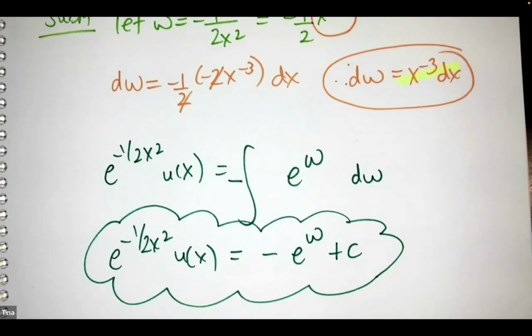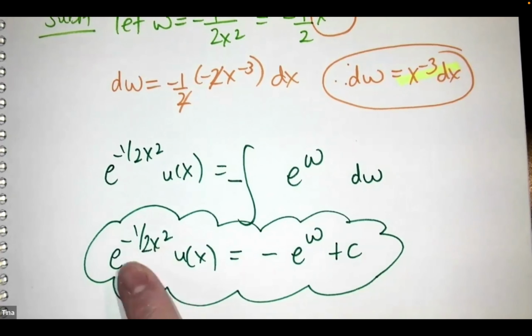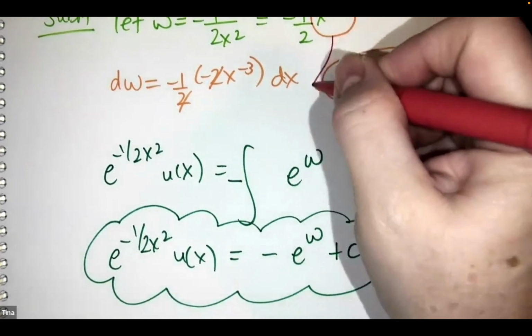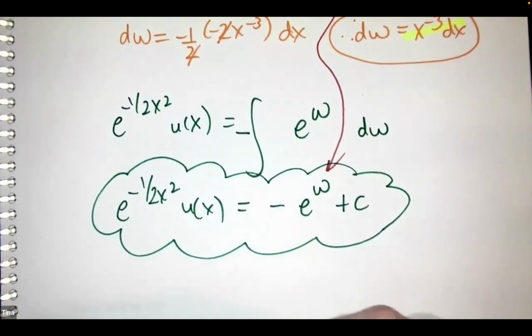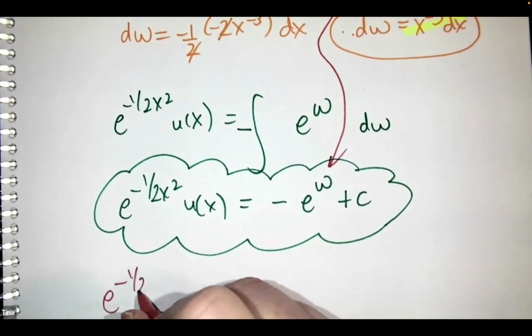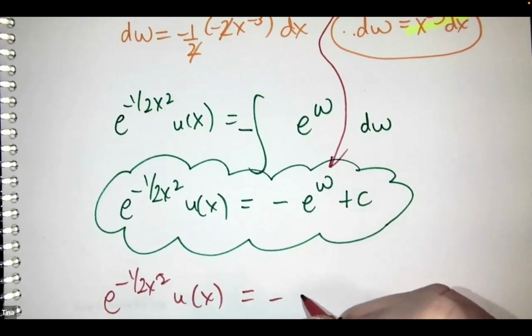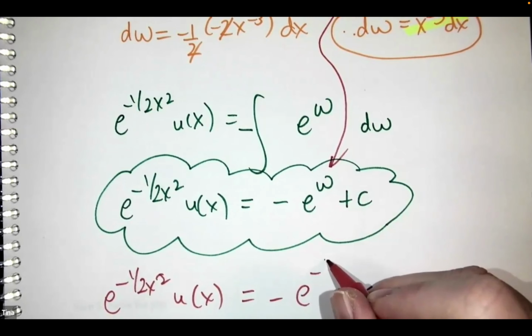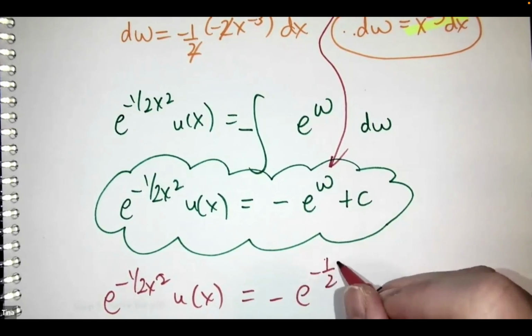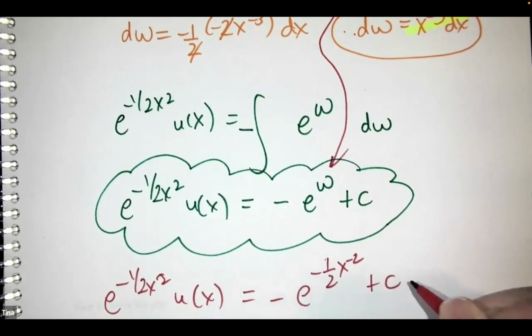And then, again, do you want to divide? Do you want to multiply by this to the positive? Whatever you want, right? And we can put our w back in right now. So minus 2c.